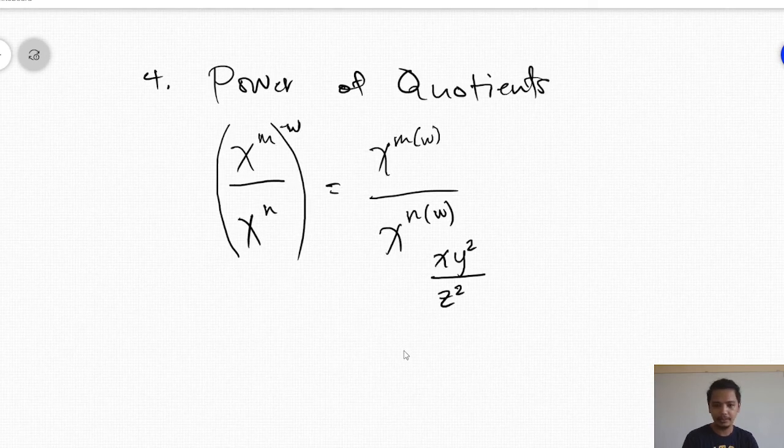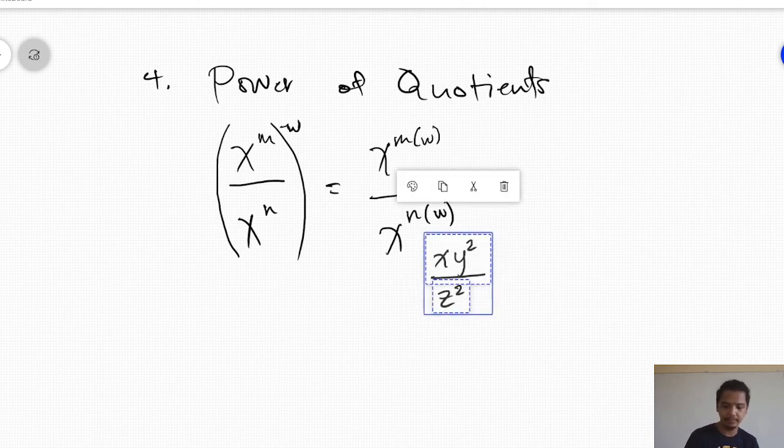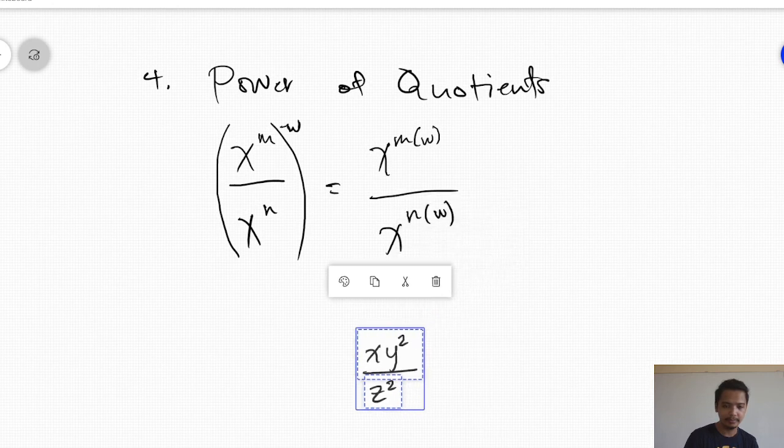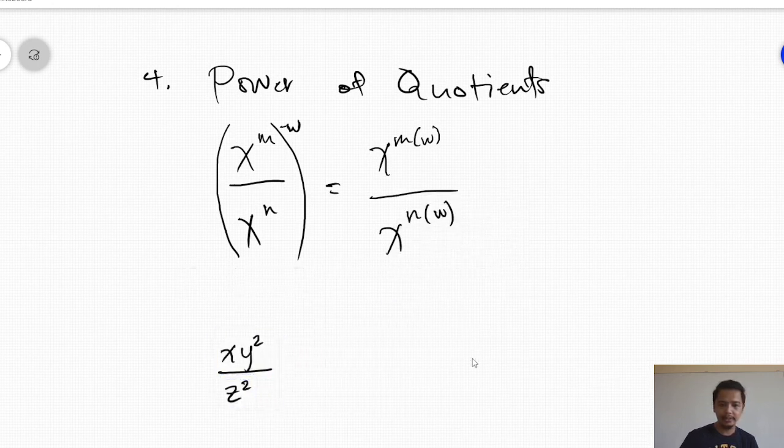Halimbawa, itong example natin. Yung x times y square divided by z cube ay na-raise natin sa power ng 3. Okay? So, ang mangyayari lang dyan, ganun lang din. You will just distribute these 3 sa lahat ng exponents nila.